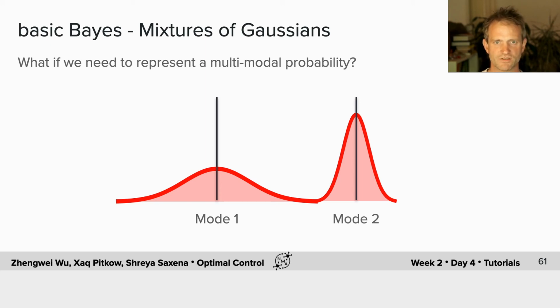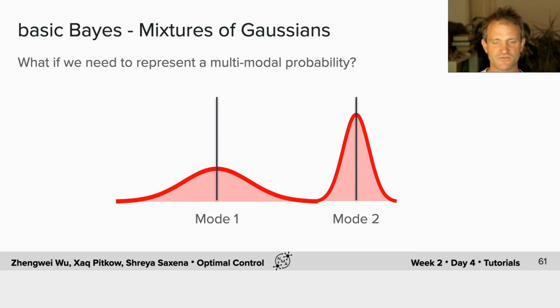A mixture model is one where we take a simple random variable, a discrete categorical random variable. Think of it as rolling a die, or in this case, flipping a coin. And each time we do that, we then draw a probability from one of two distributions that are useful. In this case, our favorite distribution, the Gaussian.